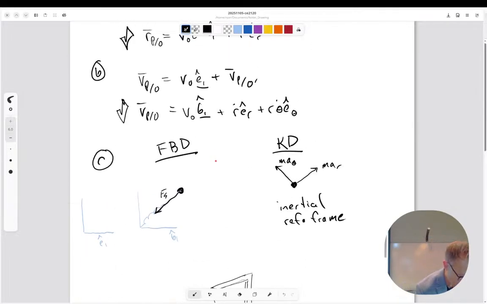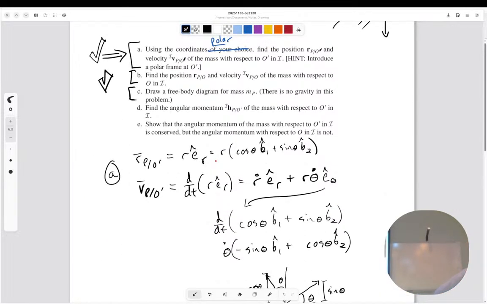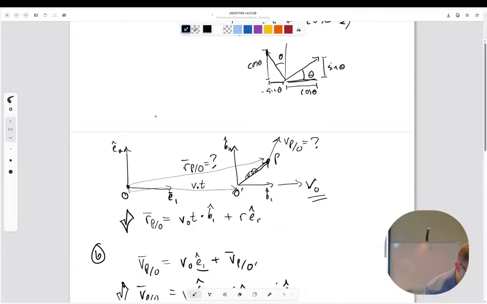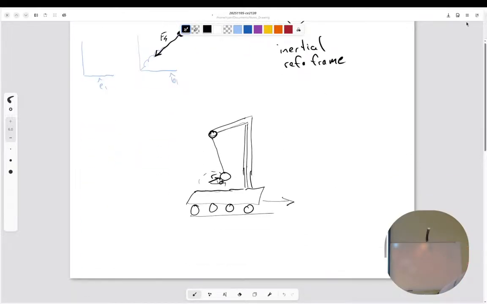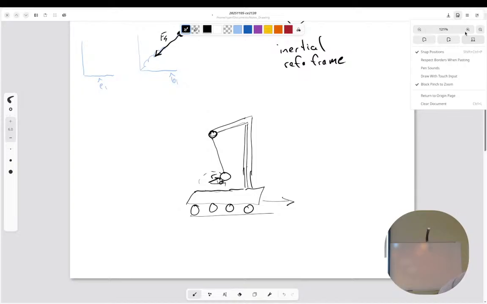All right, so we have our free body diagram, so we're done with this part. Now we want to define angular momentum. What is angular momentum? Do we know how to define that? Let me rewrite the stuff that we have.